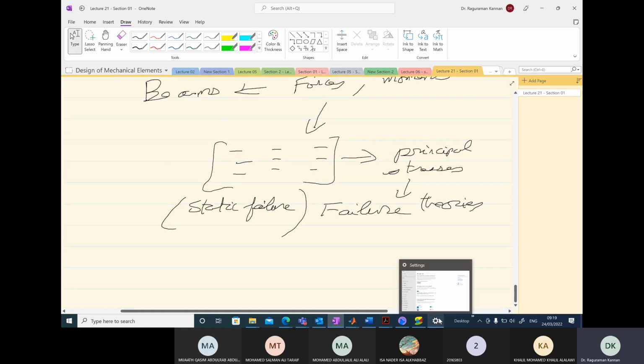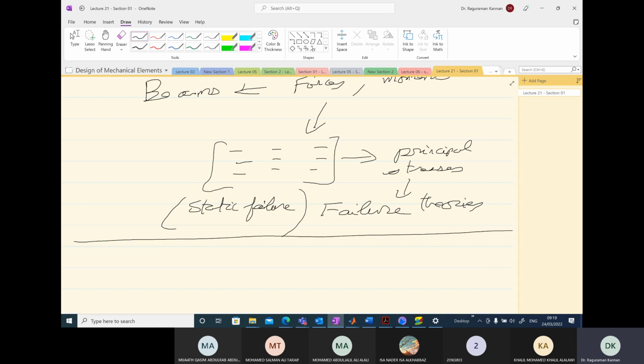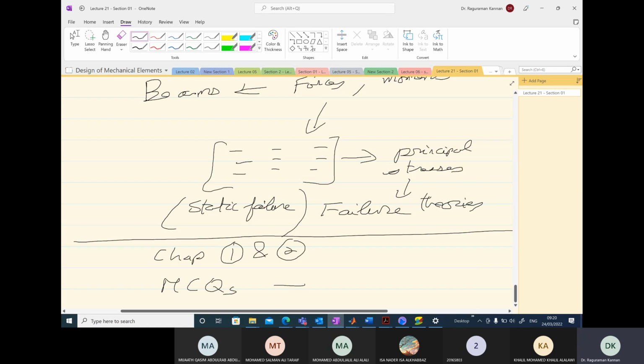and definitely multiple choice questions on chapter 1 and 2. MCQs on theory. So for example, I can ask what kind of materials have DBTT? What is DBTT?